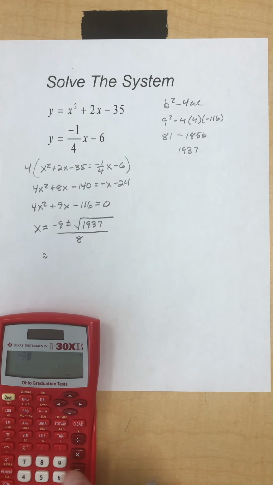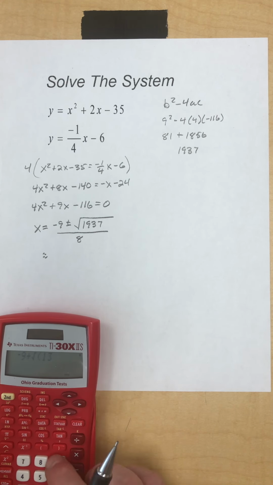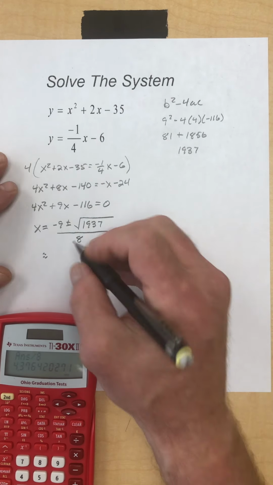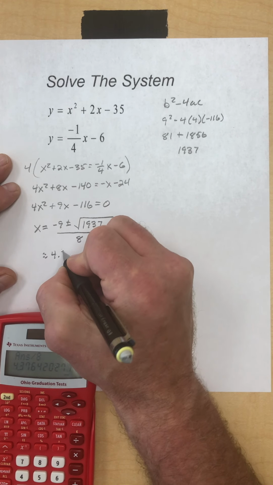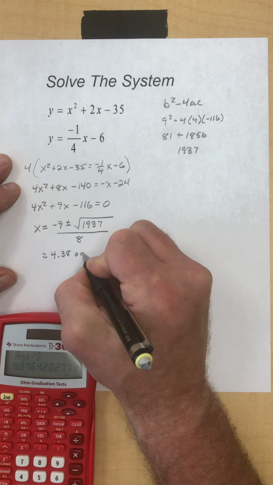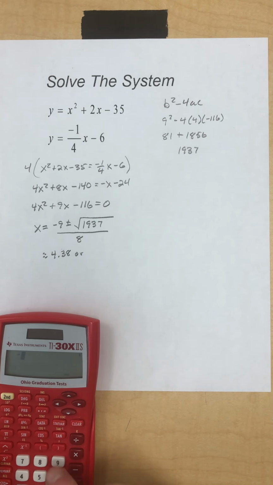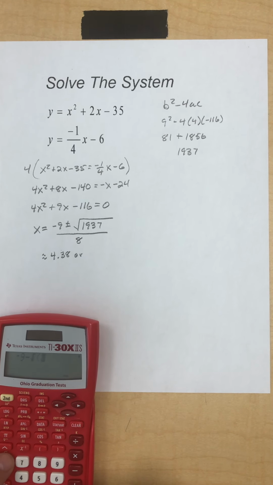So let's see, negative 9 plus the square root of 1937. Hit enter, and then I'm dividing by 8. Hit enter. So I'm getting roughly 4.38. And then I'll do the minus. So we'll go negative 9 minus the square root of 1937, hit enter, and then divide by 8.